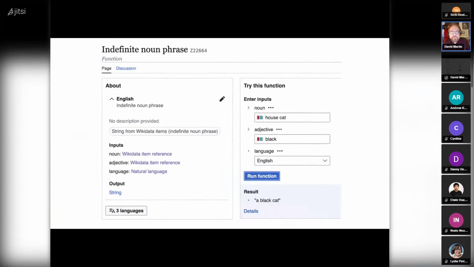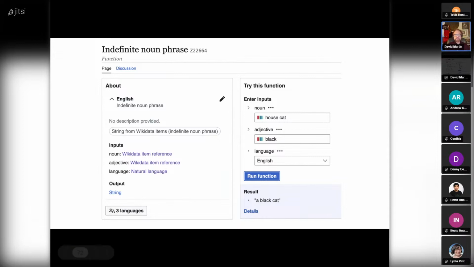And finally, we can show an example of a very general natural language building block, which will be useful for generating many different types of content and which builds on several of the Wikidata functions that I've been mentioning.